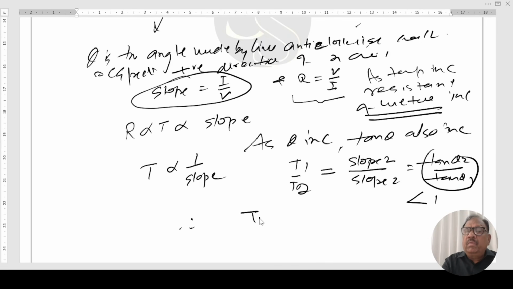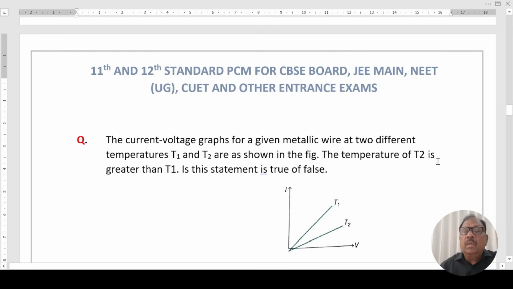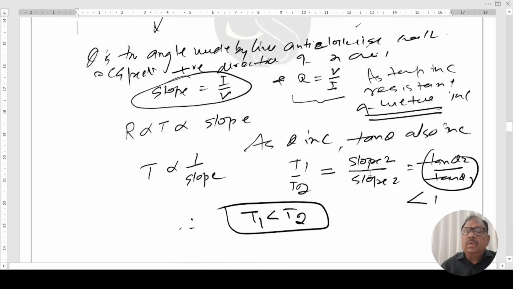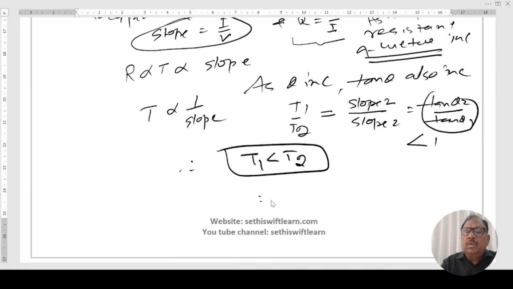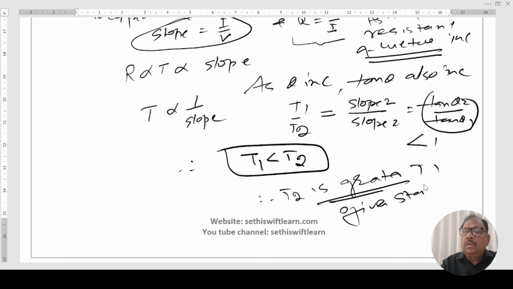Therefore, T1 is less than T2. Check what is the statement. Temperature T2 is greater than T1. Therefore, T2 is greater than T1. So the given statement is true. Right? Next question.